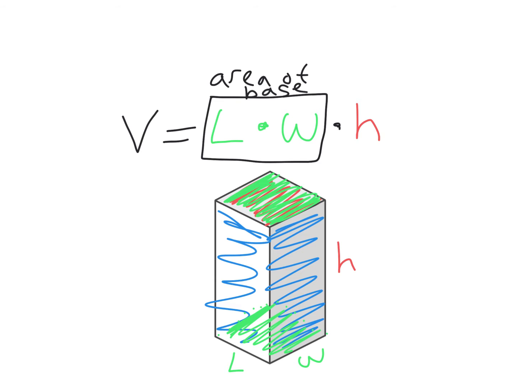Now, this is actually almost identical to how you find the volume of a cylinder. So in our last videos, we learned about the value pi, which is the circumference of a circle divided by its diameter. And you also learned about finding the area of a circle.